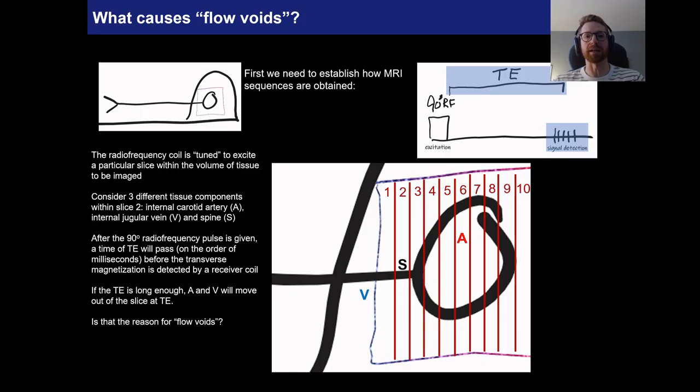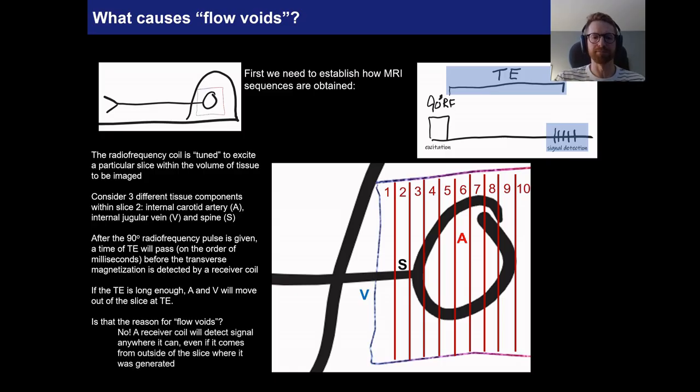And there's some coils, like body coils, that can cover almost the entire patient. So the reason that we have flow voids is not because the signal moves out of the slice where we generated it. It would have to move out of the domain of the receiver coil, which is very unlikely to happen. So that's not the reason for flow voids.